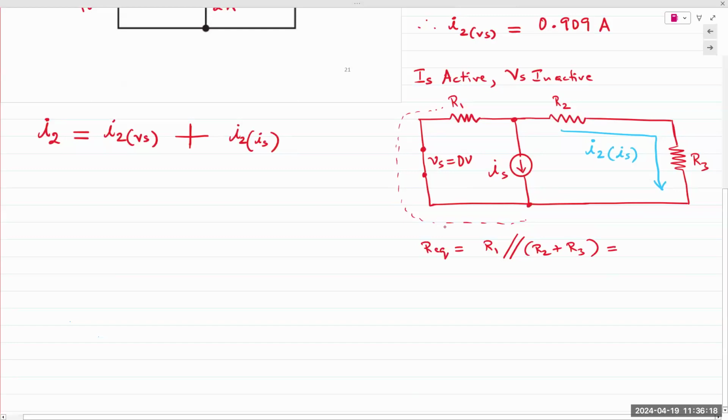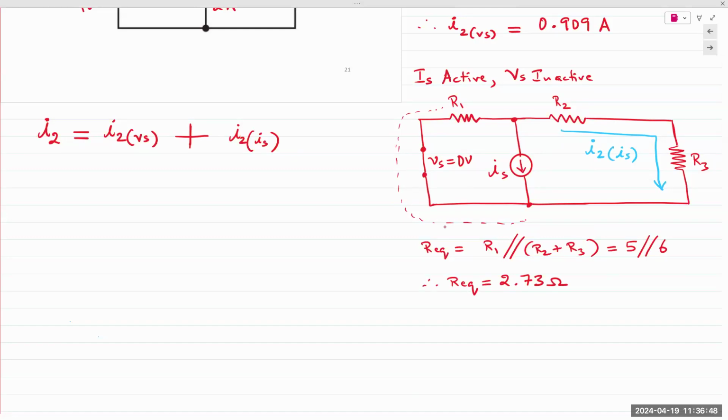R1 is 5 ohms in parallel with 4 plus 2, 6 ohms. 5 times 6 divided by 5 plus 6, 30 divided by 11. Gives us approximately 2.73 ohms.